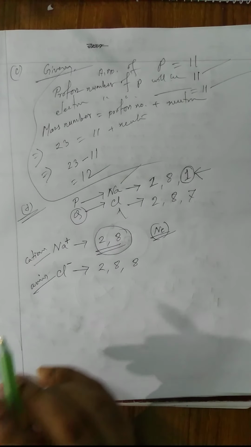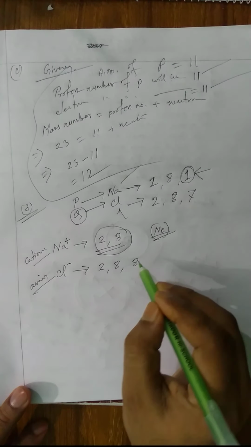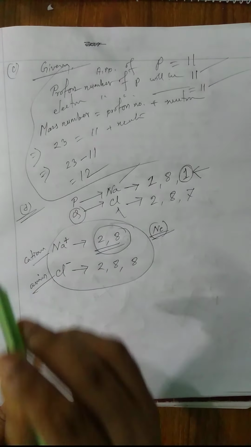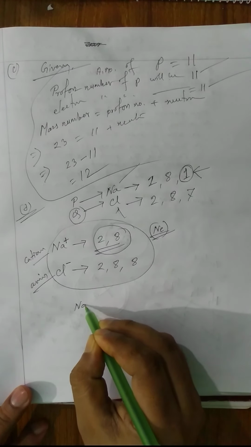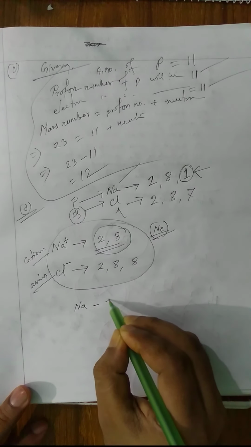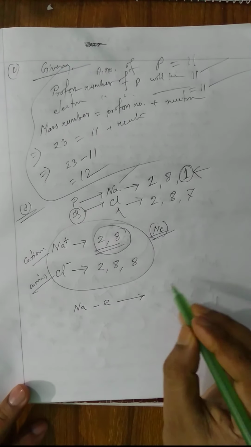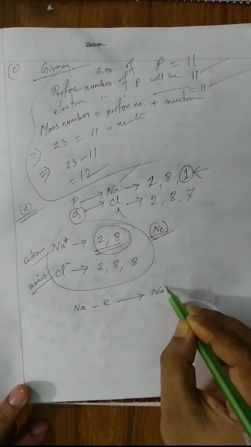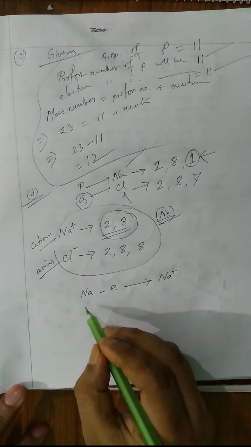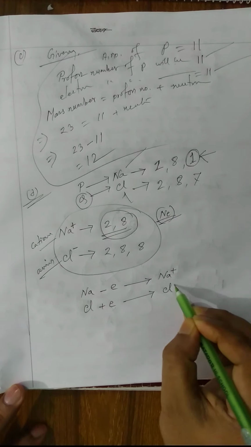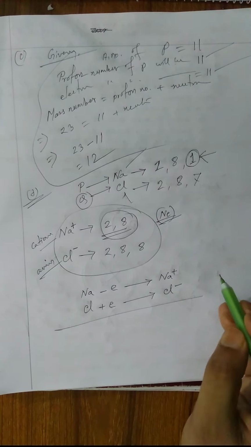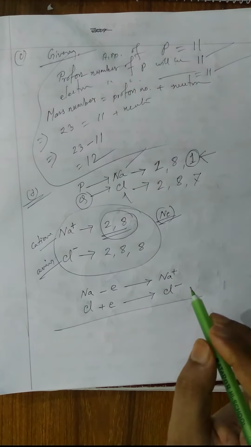If we write this in a chemical reaction, then sodium eliminates one electron from its outermost orbit and forms Na plus, and chlorine receives that electron and forms Cl minus. So an electrostatic force is developed between these two opposite charges.